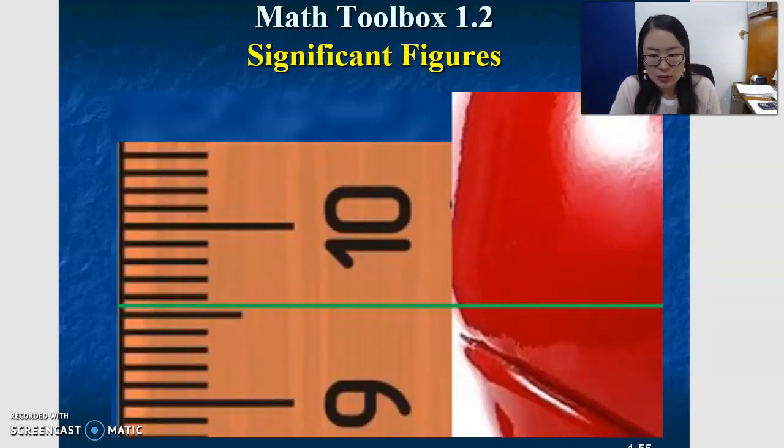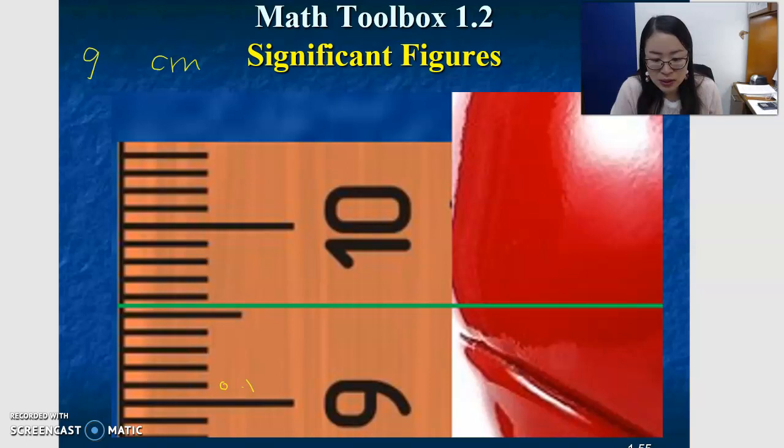Okay, so we all agree that it's over 9 centimeter, and there are 10 marks between the 9 and 10. This is 1 centimeter, so each one will be 0.1 centimeter.